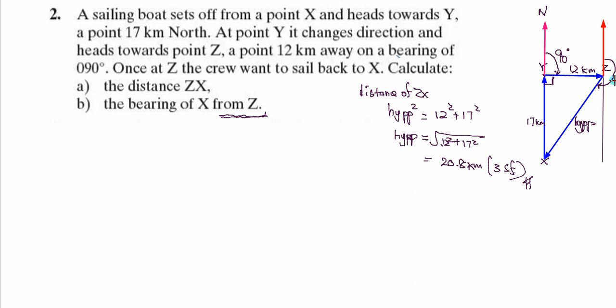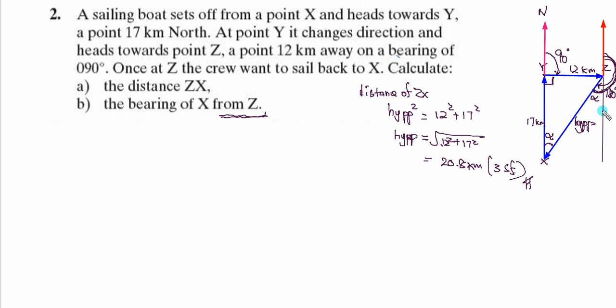From here to here is 180 degrees. So if you can find this angle, let's say it is alpha, plus 180, that will give you the bearing from here all the way to here, which is the bearing of X from Z. Now this alpha angle is equal to this angle alpha.